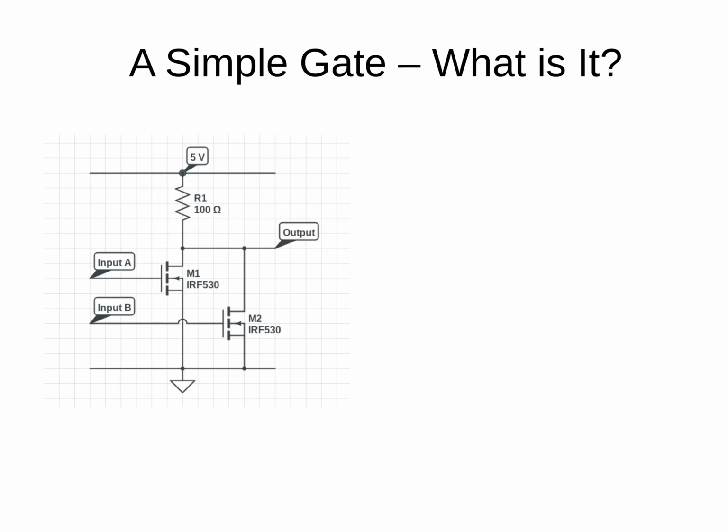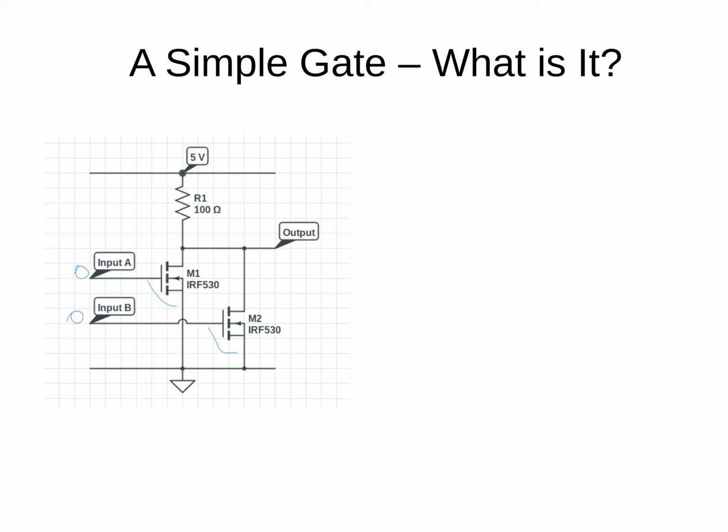So to try to work out what logic gate it is, all we do is assign a specific input to each input here. So I've chosen both inputs to be 0, and we see that both these FETs are N-channel FETs. And so if their gate to source voltage is 0, then both these FETs are off.